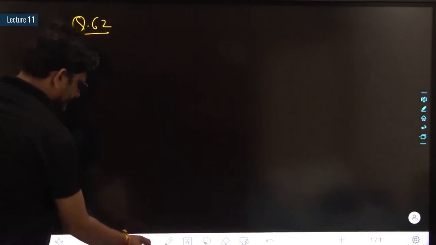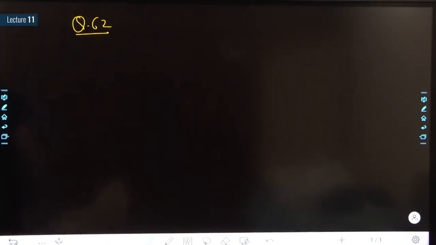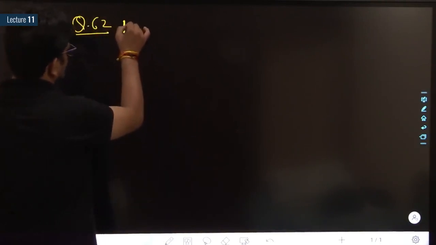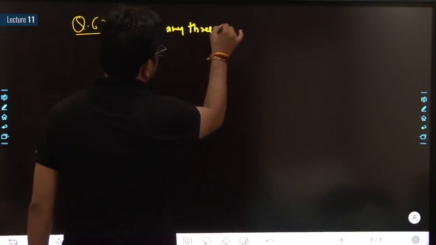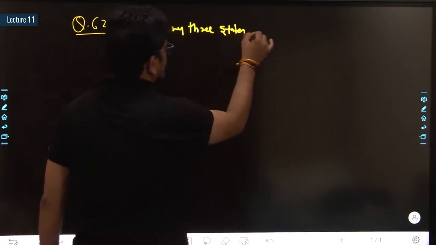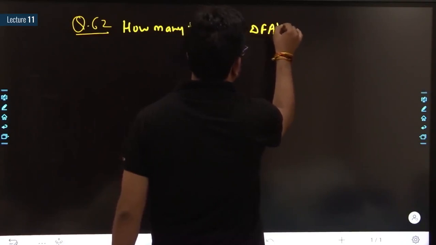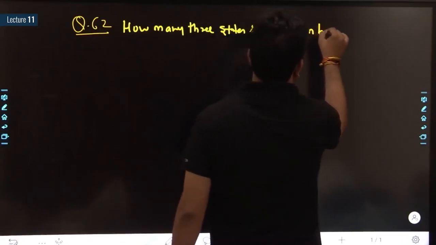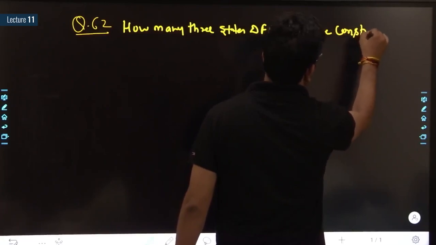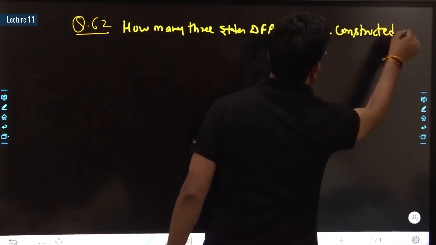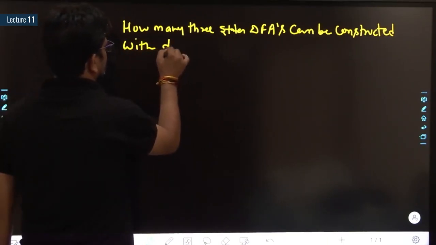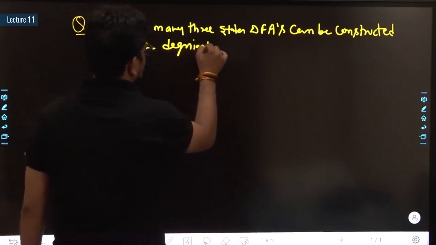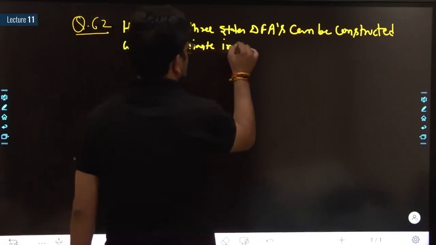What is the question? See. How many 3-state DFAs can be constructed with a designated initial state?